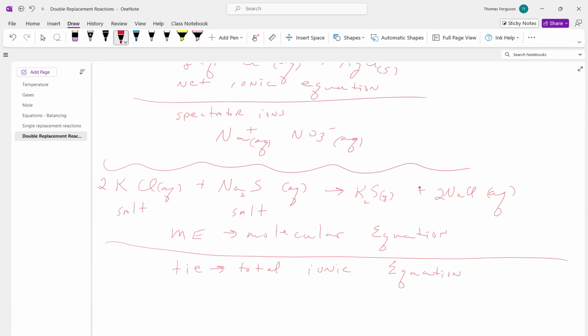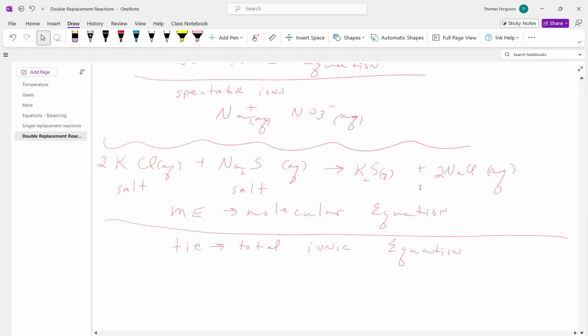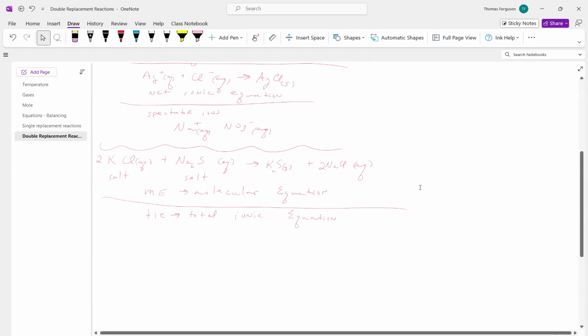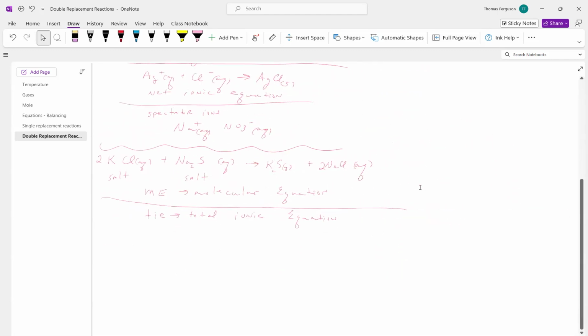Okay, so let's write the total ionic equation. So we're going to split everything up. Now we have a lot of parts because everything's aqueous. So how many Ks do we have? Two. How many chlorides? Two. Okay, so we have two Ks, two Cls.